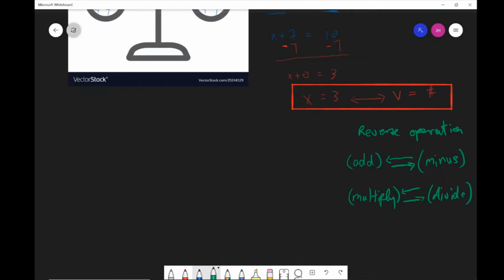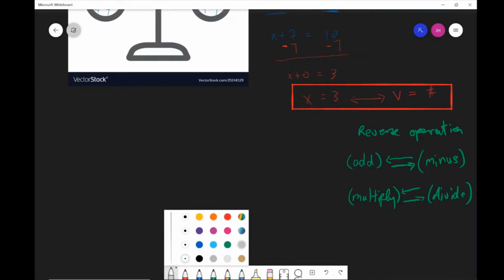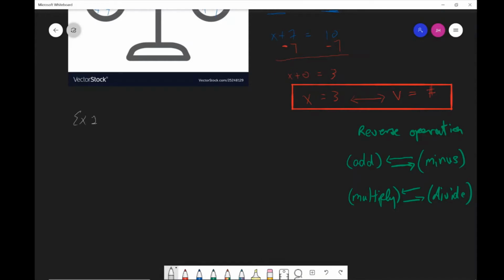Now let me give you a quick example of a minus question. Say that we begin with example question number 1. Let's say x minus 7 equal to negative 2.